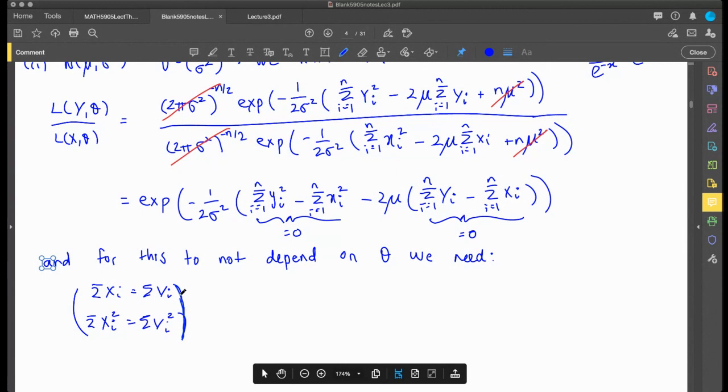Sorry, that should be just one big bracket, right? It's a vector. I need the sum of the xi's to equal the sum of the yi's in the first component, and the sum of the xi squareds to equal the sum of the yi squareds to hold.